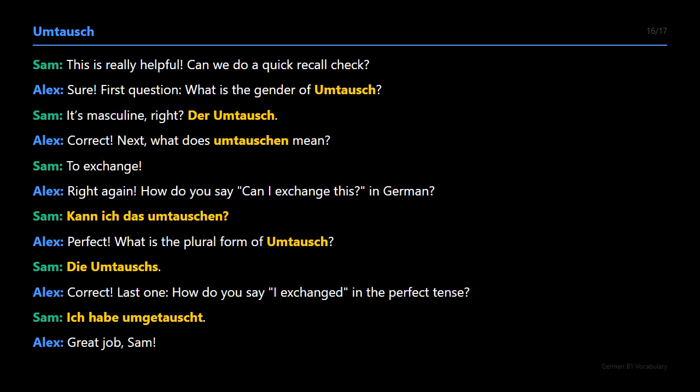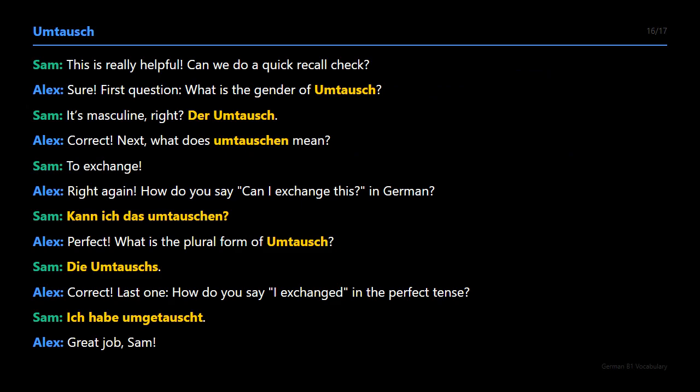This is really helpful. Can we do a quick recall check? Sure. First question, what is the gender of Umtausch? It's masculine, right? Der Umtausch. Correct. Next, what does Umtauschen mean? To exchange.